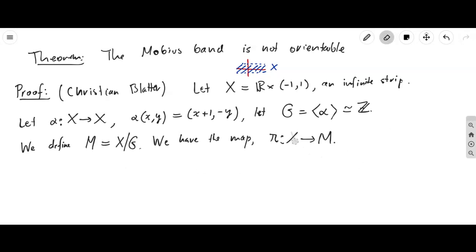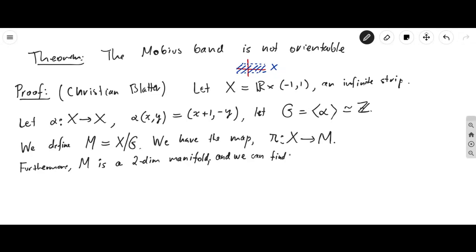So we have a topological space, we have a continuous map, but we want to turn this into a smooth manifold. So furthermore, M is going to be a two-dimensional smooth manifold, and we can find an atlas with only two charts.